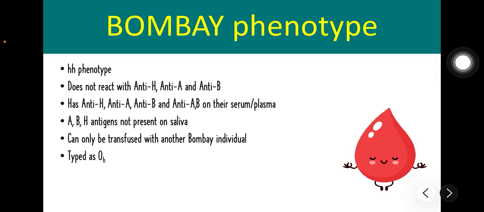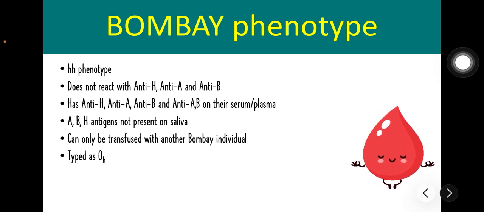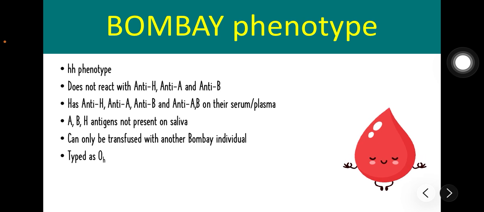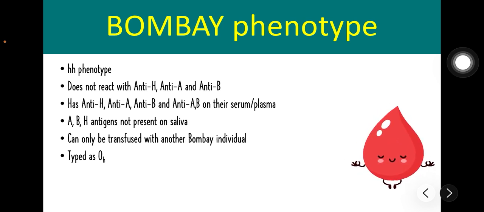So again, the Bombay phenotype is a rare genetic occurrence that significantly alters routine ABO blood typing results because these individuals lack the H antigen, which is the essential foundation for A and B antigens.